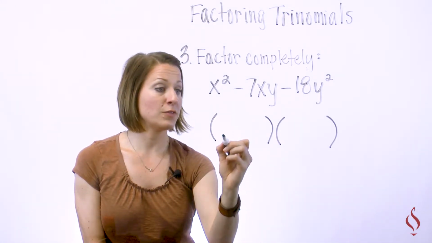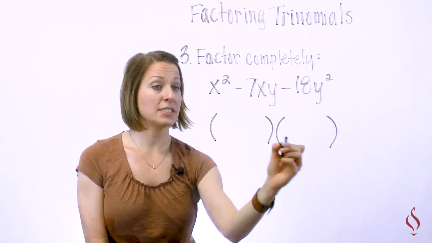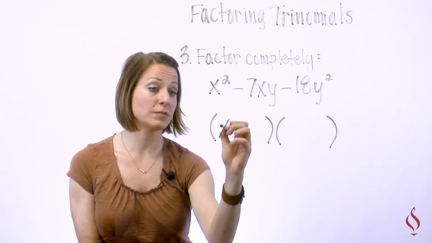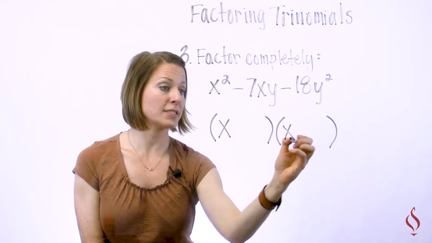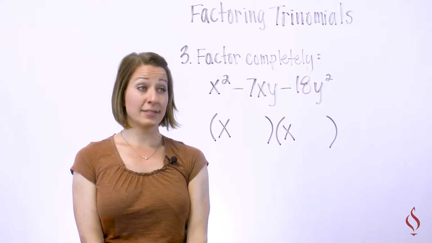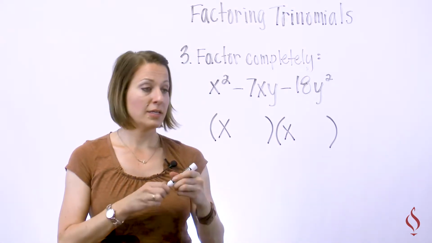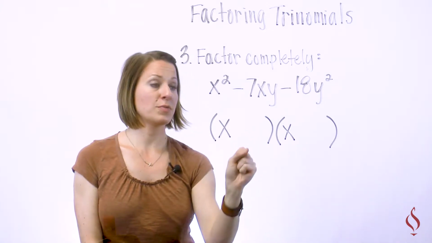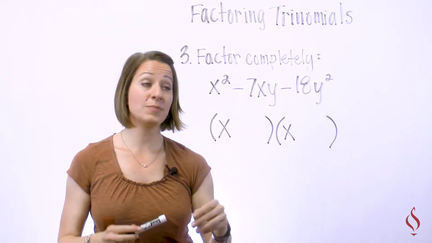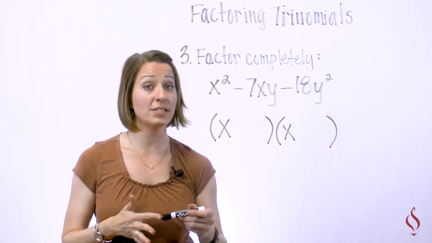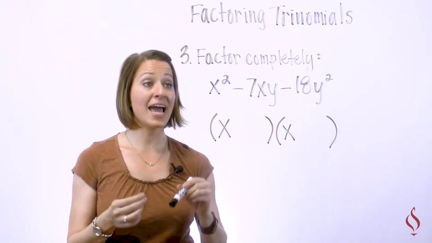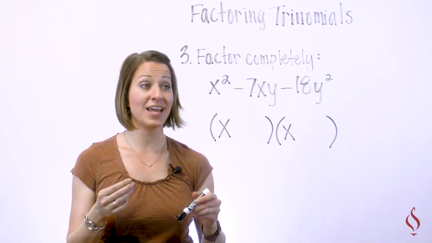The first times the first is going to produce this x squared, so we'll put an x and x. Next, these last terms are going to multiply to be the negative 18y squared, but add to be the negative 7xy.